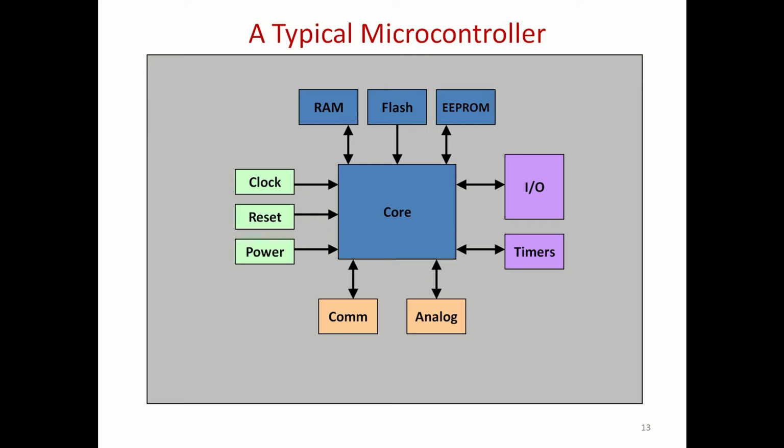All those things are not part of the CPU. But a microcontroller is not only a computational device. The core is not only the CPU, but it is also integrated with RAM, ROM, inputs, outputs, timers, ADC, clock, everything. That's why they are called single chip devices.